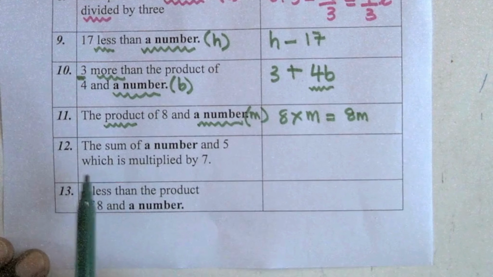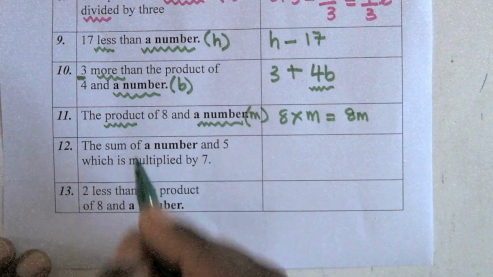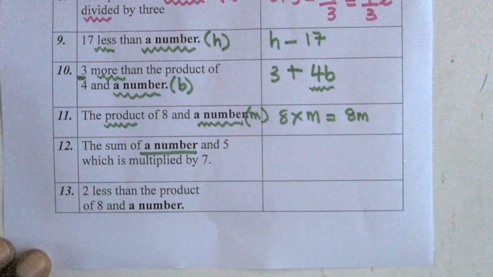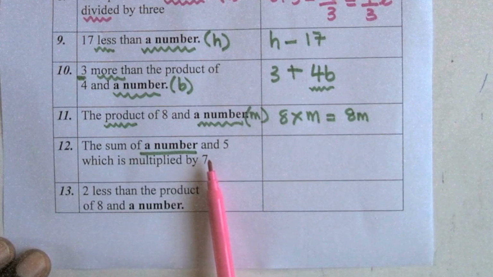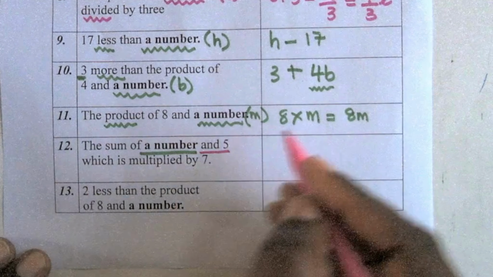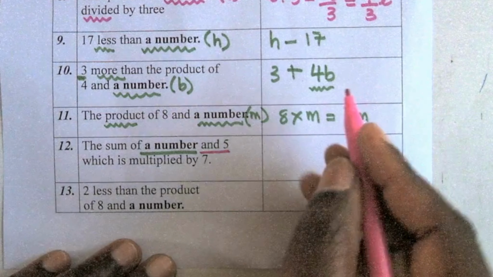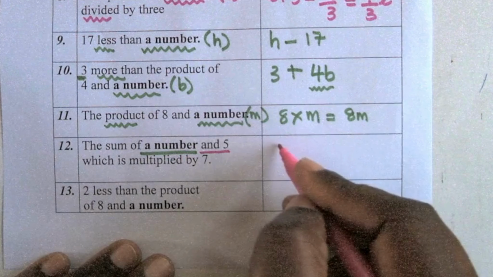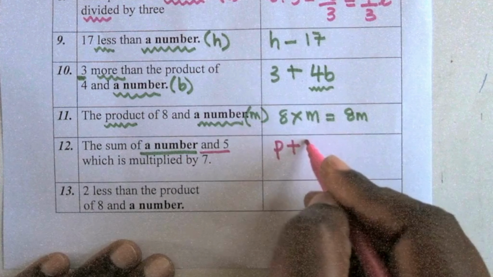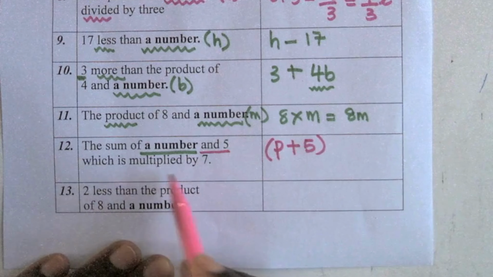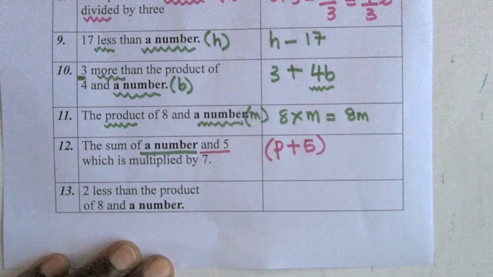The next question reads, the sum of a number and 5. So let's create this number here, and the letter that I'm going to choose for my number is P. So it's going to be P plus 5, which is multiplied by 7.